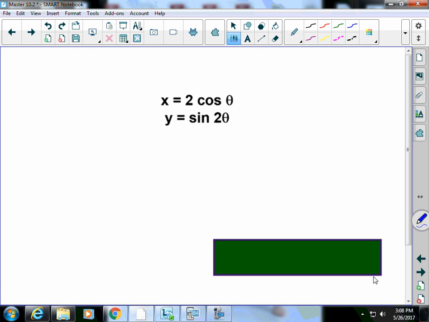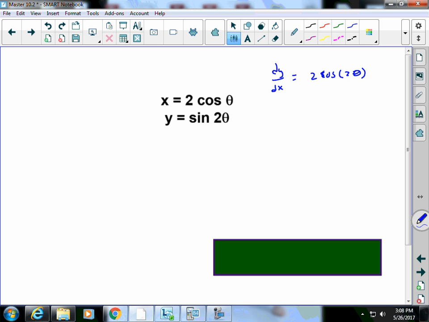So now we're going to look at this, and we want to find the same sort of thing. So I'm going to rush through this a little. dy/dt is equal to 2 cosine 2 theta, right?